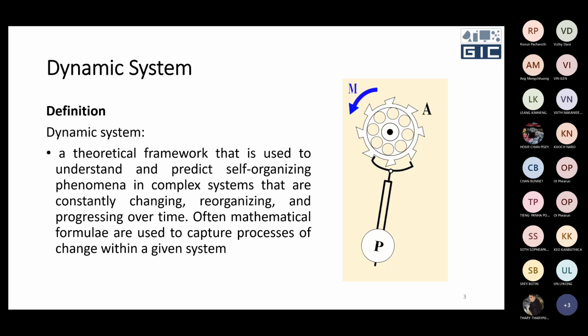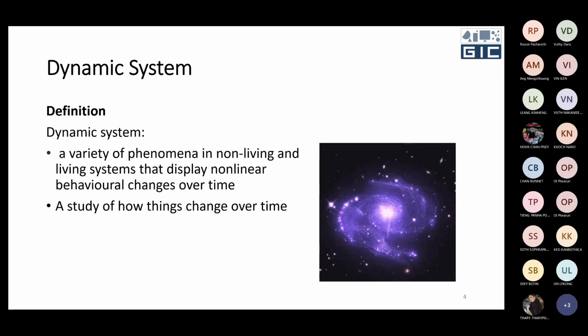But when you focus on the other definition, they say it is a variety of phenomena of non-living and living systems. So it can be both. When you talk about a system, for example brain processing, you call it a living system.